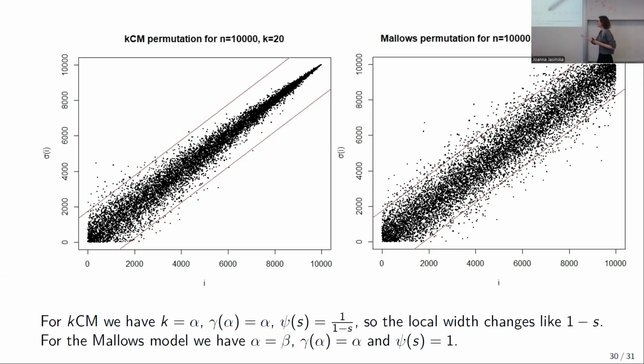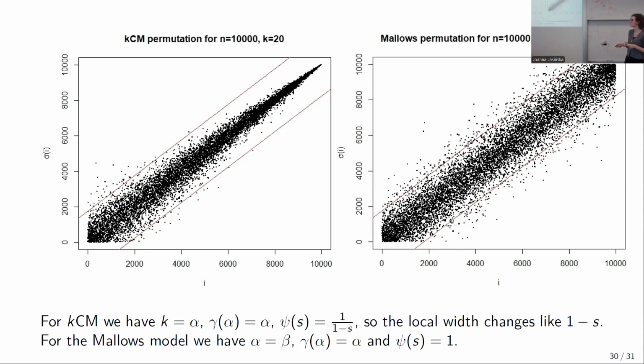I mentioned in the statement of this theorem that the local width changes like the reciprocal, rather 1 over psi. And you can see that if s is close to 1, then the width will be smaller because we are going to 0, so the tube gets smaller and smaller, and at the very beginning it's wide.